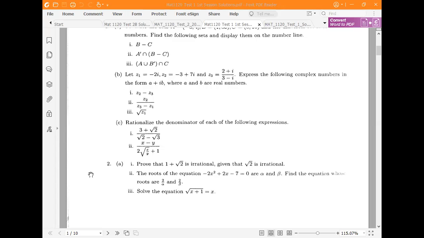So what we do is we first go to Z3, and write Z3 in this form. So we conjugate Z3.